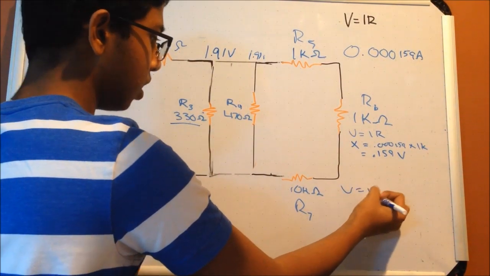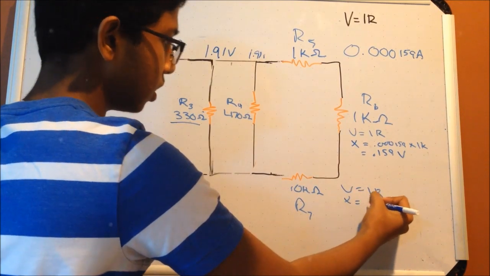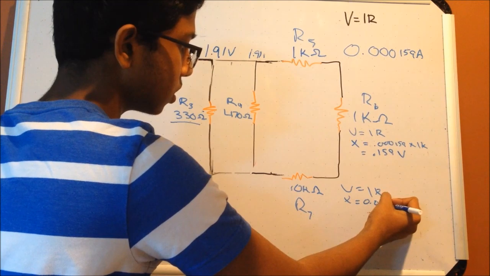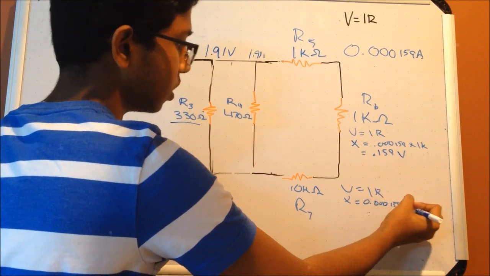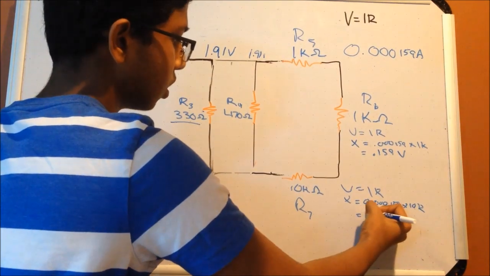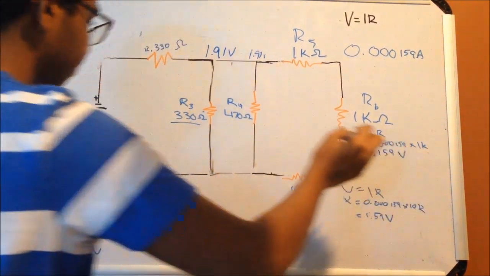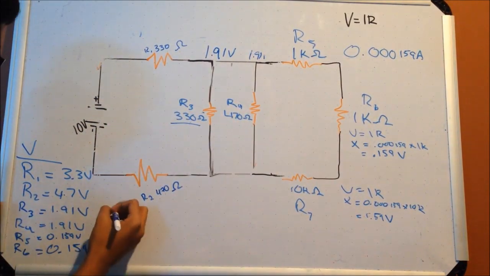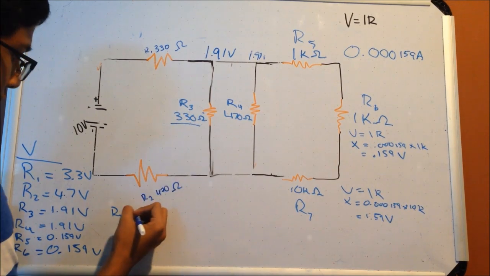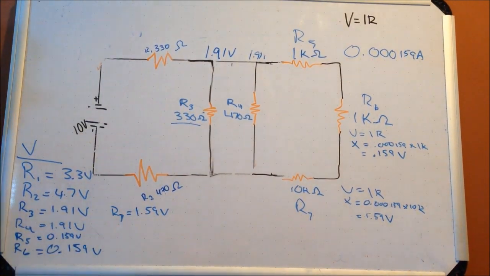Now let's calculate resistance 7. So V equals IR, voltage is our unknown, 0.000159 is our current times 10K, which gives us 1.59 volts. So for resistance 7, our voltage across it is 1.59 volts.